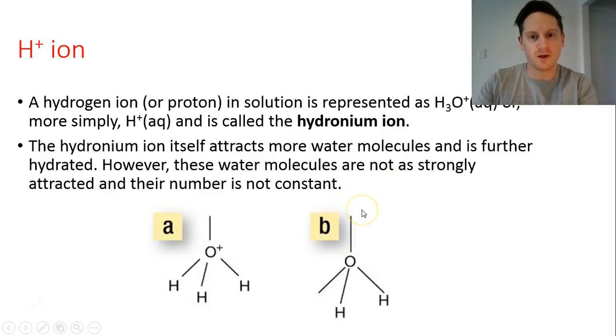But those water molecules aren't as strongly attracted. I just want to show you what it looks like. This is your normal water molecule, and this is your hydronium. So there's an extra hydrogen added, and you've got a positive charge here due to fewer electrons. This is what we're representing with the hydronium.